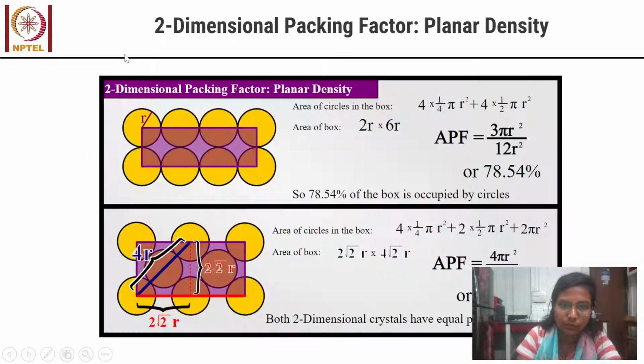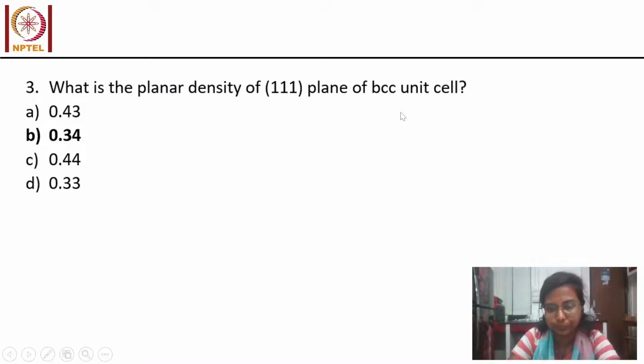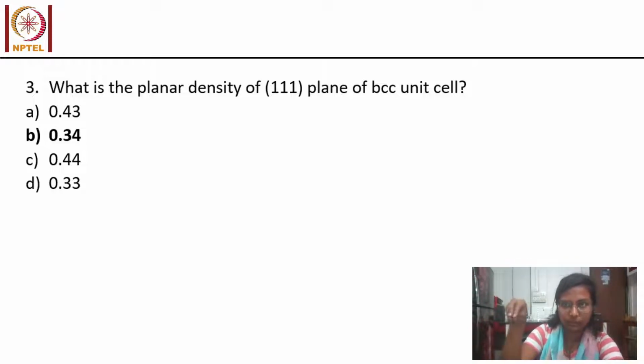Planar density is a very simple idea. It is like the volume occupied by the constituent particles in a given space. When we talk about three-dimensional systems, we have learnt about the cubic systems, first the primitive cube, where only the 8 corners are occupied by atoms, and in the middle there is some void.